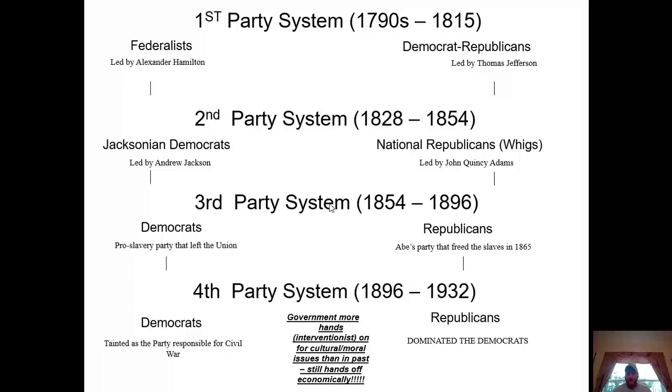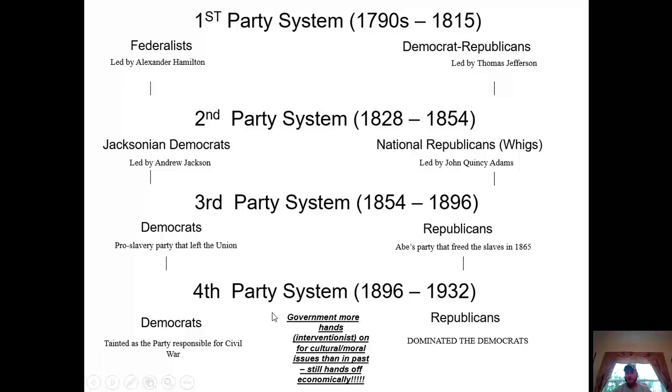Now remember, up until this point, both political parties have been completely laissez-faire. Government hands off the economy. And from 1896 to 1932, it was more or less a continuation of that. That's, though, when you began to hear certain groups clamoring for more government involvement in the economy. Remember, I talked about the working class saying that first, and the populists. And then the third group, which is the point of this, is the progressives. They begin to advocate for more government control over the economy.